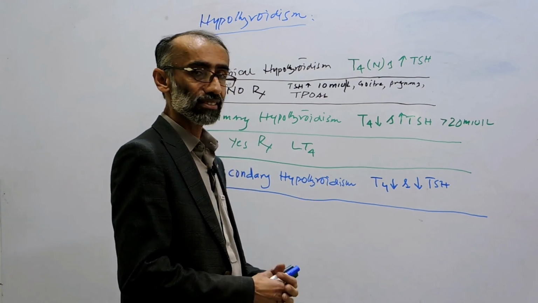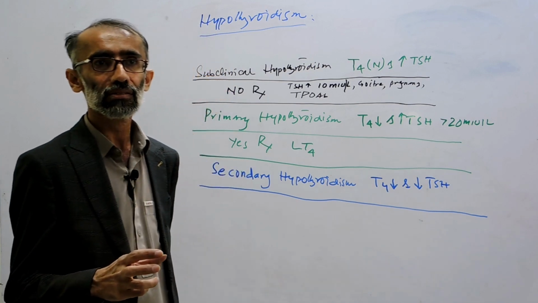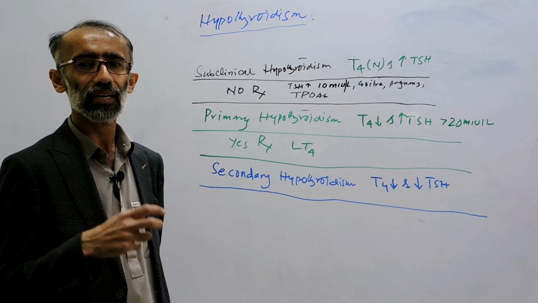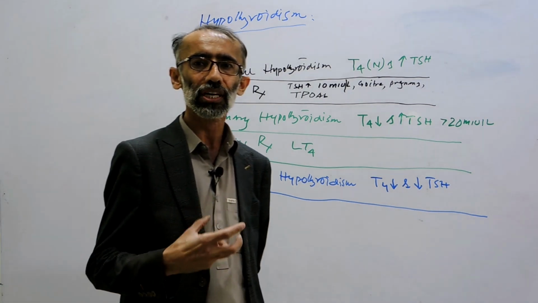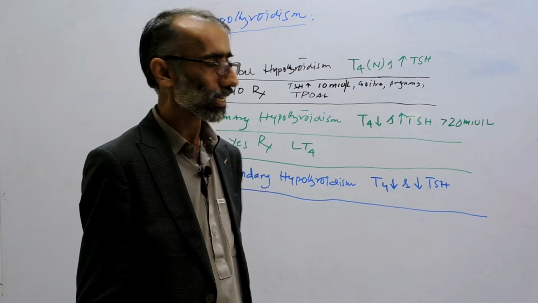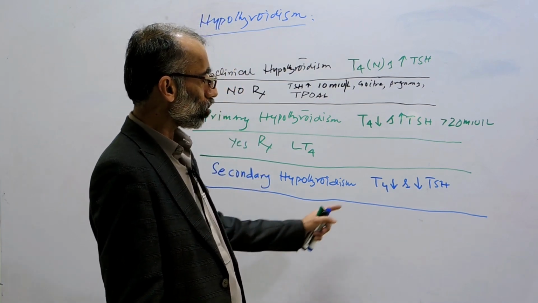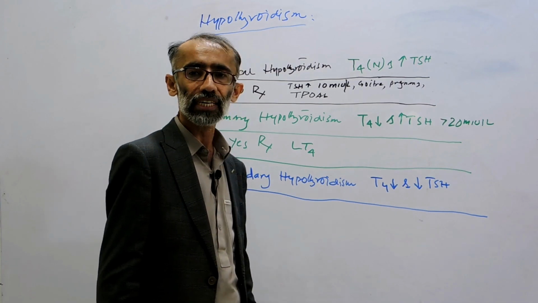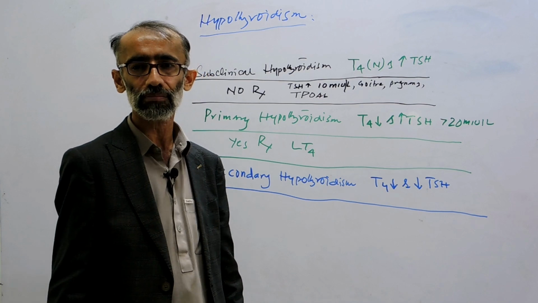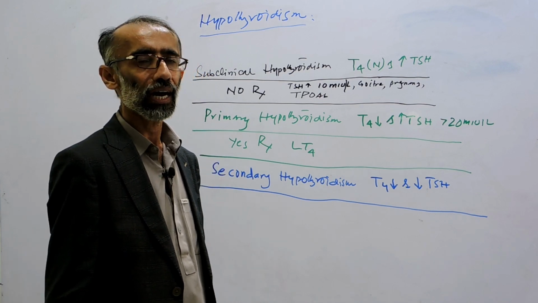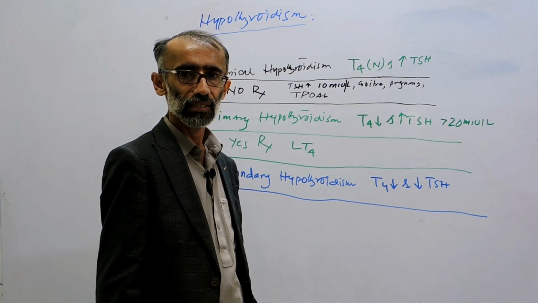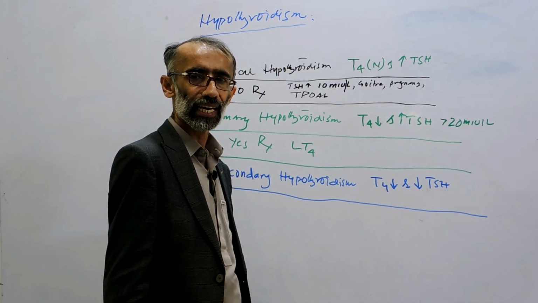Remember that sick euthyroid syndrome is a protective autoregulatory mechanism of the body, characterized by low production of thyroid hormone to reduce catabolism in acutely ill patients, in case of systemic illness.